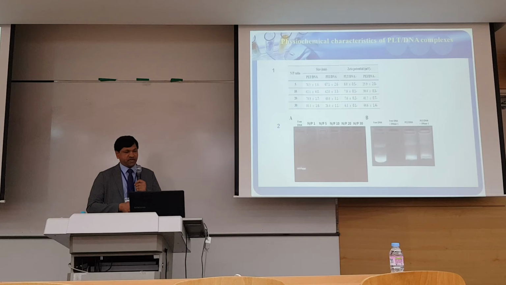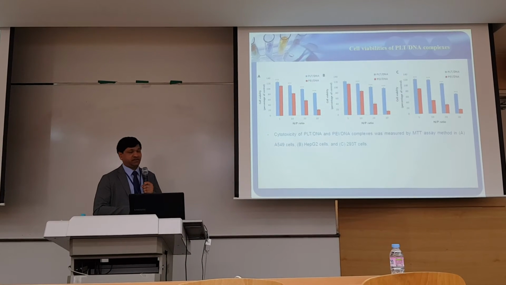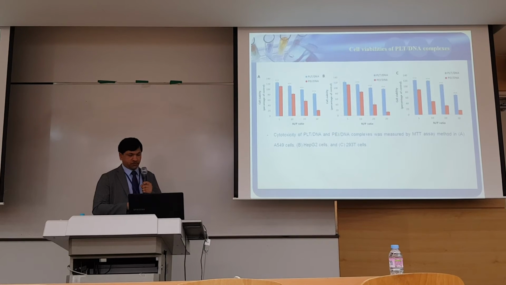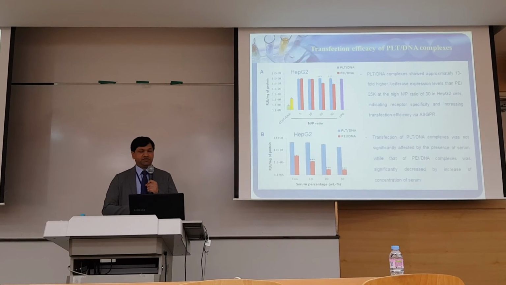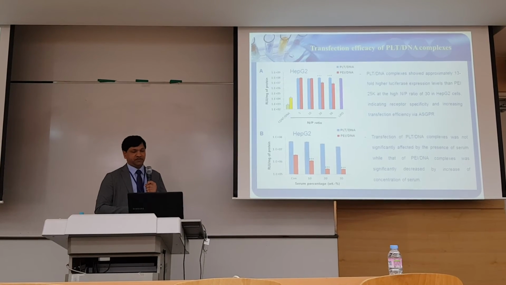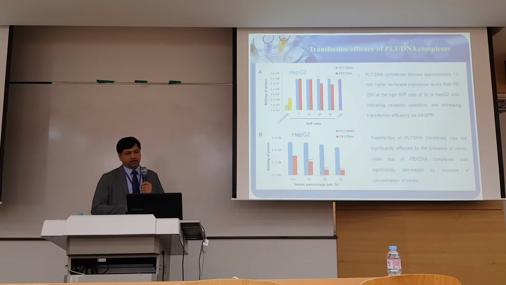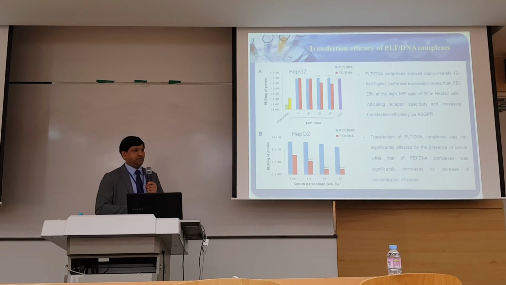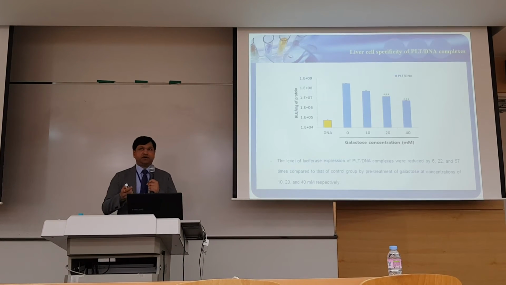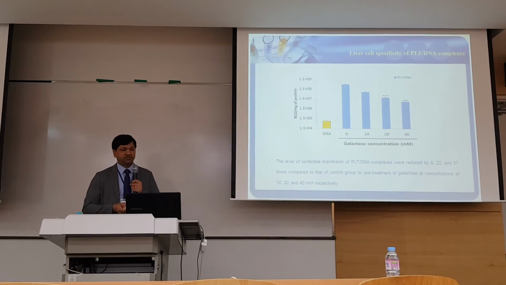This was successfully characterized by different spectroscopic techniques as well as a cell viability assay by MTS. We also checked the transfection of this polymer in HepG2 cell lines, and with the help of a competition assay we can see that this polymer has a specificity for the hepatocyte or HepG2 cell line.